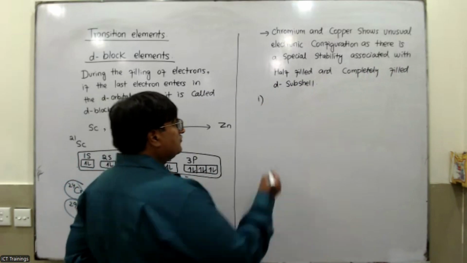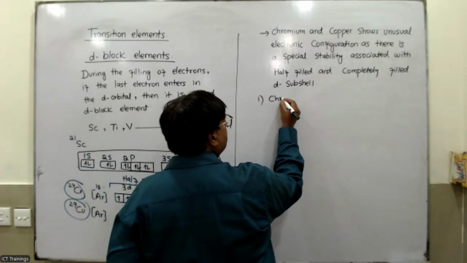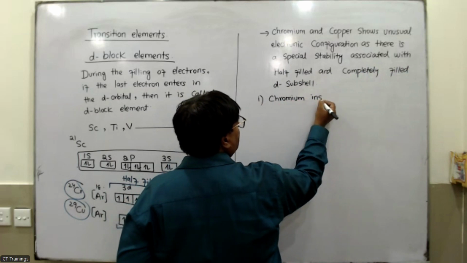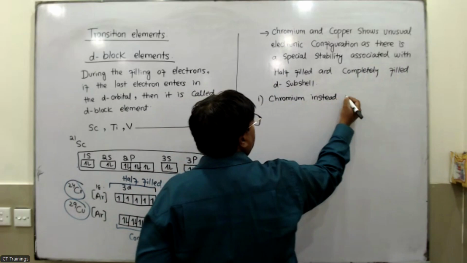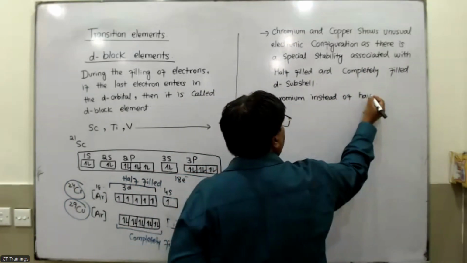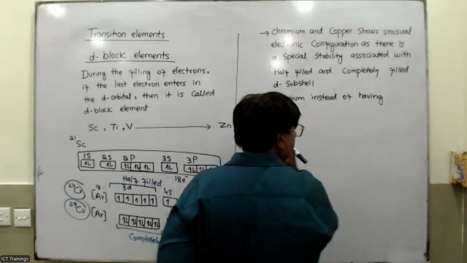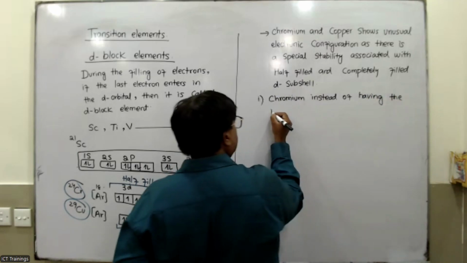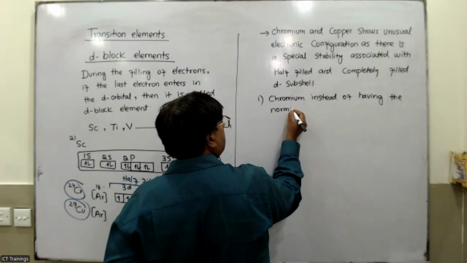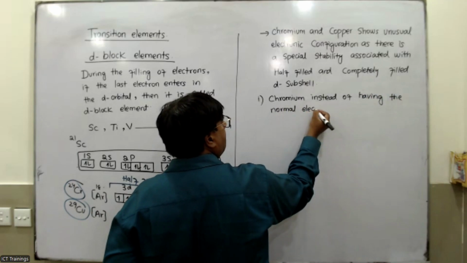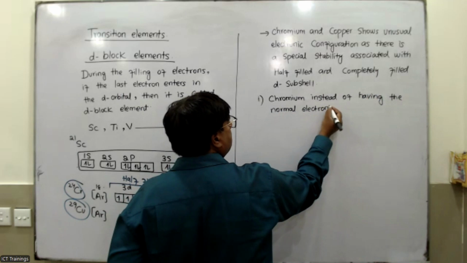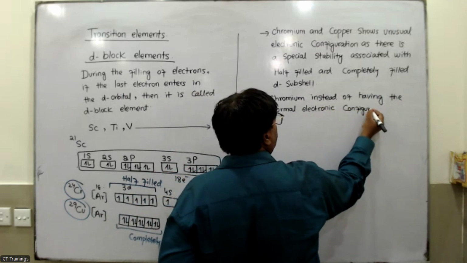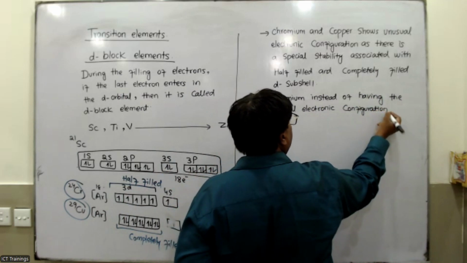So first of all, my dear, the chromium. Instead of having the normal electronic configuration. And what was its normal electronic configuration?